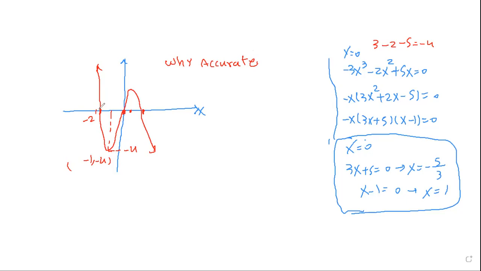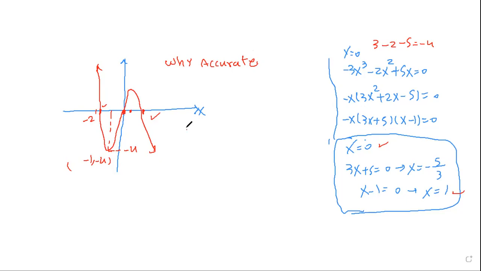Accurate is what? First, 3 zeros. Listen, x1 here, -5.1 here, 0 here. Make sense? You see this point? 0 here, 1 here, -5 here.